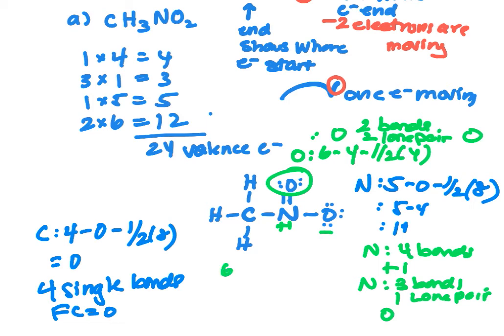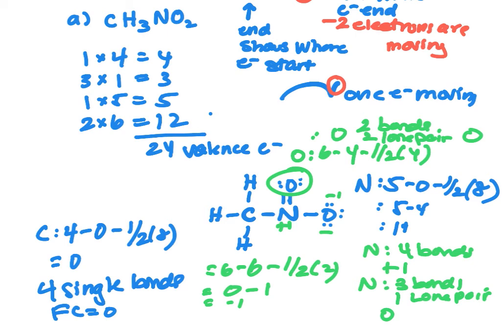The group number is 6, minus 6 non-bonding electrons, minus 1/2 times 2. So this is going to equal 0 minus 1, and you have a formal charge of -1 on that oxygen.